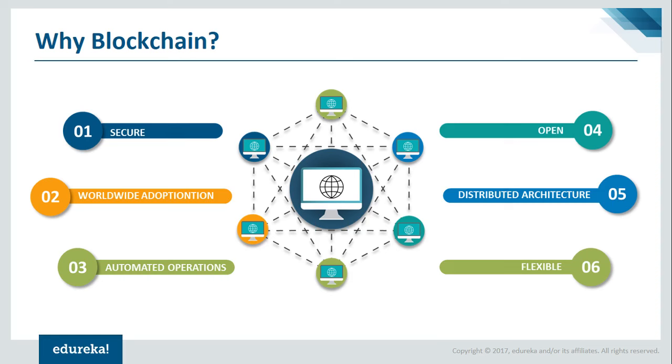Then comes the option of automated operations. Like any technology, blockchain today has evolved to a phase wherein you don't need to completely write code or perform operations manually. You have various applications which make it quite easy for you to perform these operations. To give you a simple example, let's take the case of Bitcoin mining.